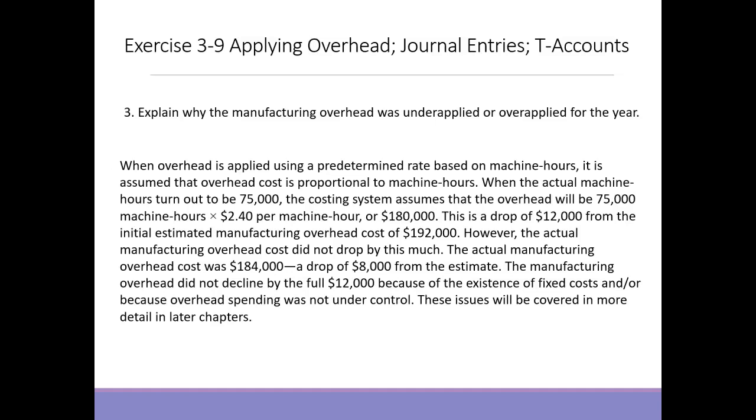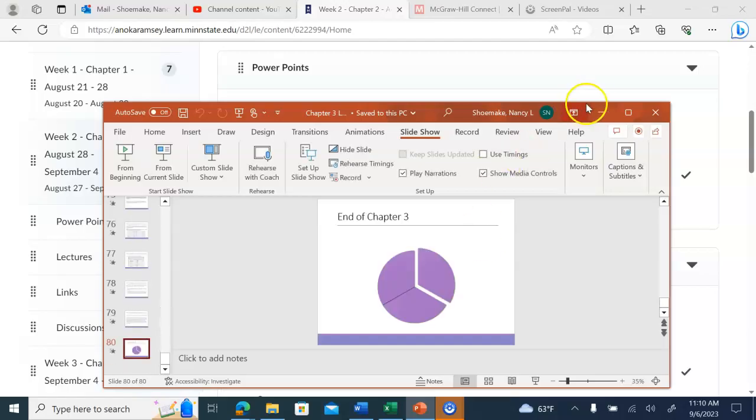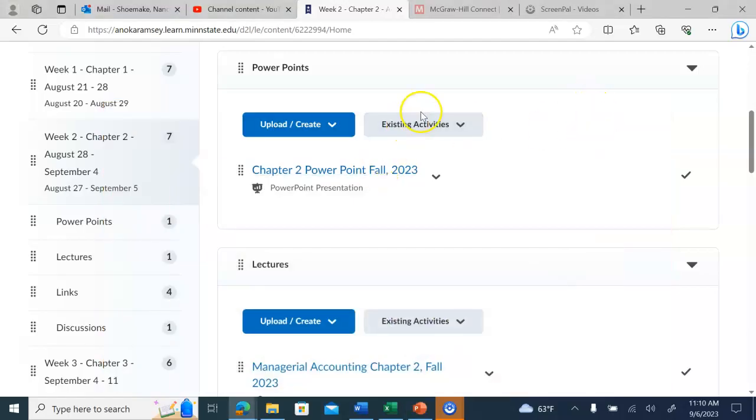So basically, our machine hours ended up being a lot less than what we had anticipated. So, guys, pretty straightforward chapter. Let's look at a problem. See how you're doing.